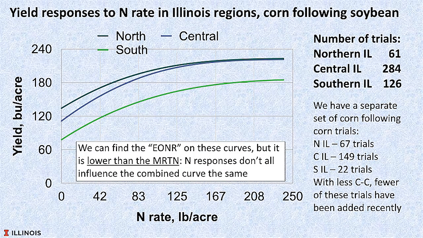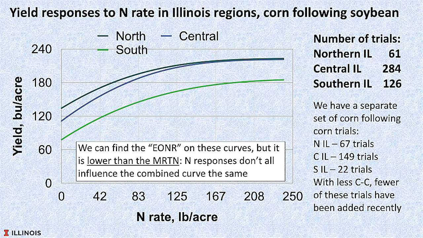This is one that everybody's been waiting to see for a while. This is the actual N yield responses for the corn N rate trials in northern, central, and southern Illinois. And this is an informative thing because you can see that northern Illinois and southern Illinois are kind of parallel.